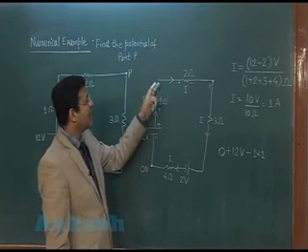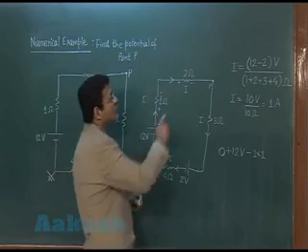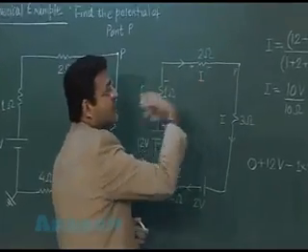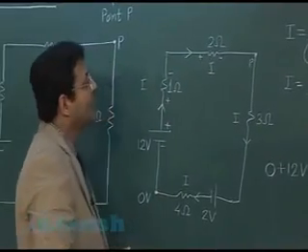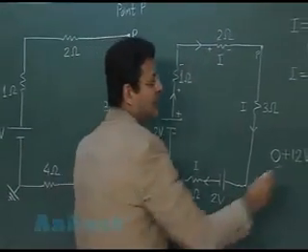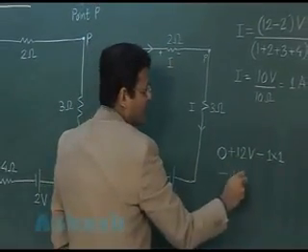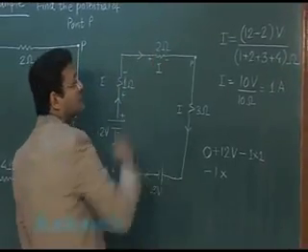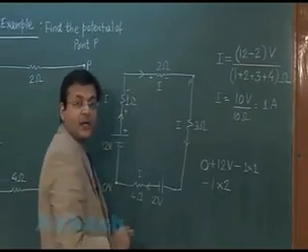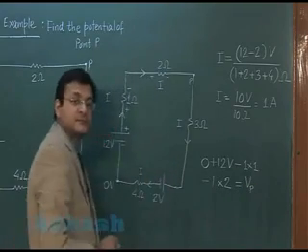Now you are here and you have to make the last jump through 2 ohm. In this case you will move from higher to lower potential. You will go from plus to minus, again there will be a loss of potential. Your potential will be reduced by I into R. Further, you can say minus I into R, where I is 1 ampere, so we wrote 1 ampere, into R which is 2 ohm, into 2, and now you have reached the desired point P, so that will be written as the potential of point P. You understand?